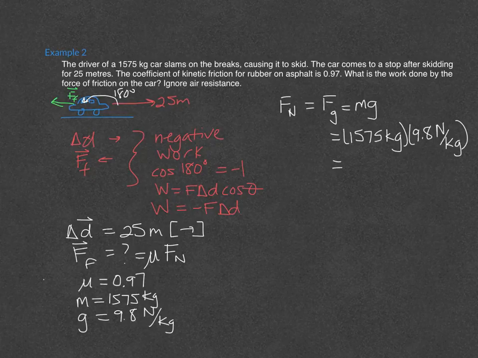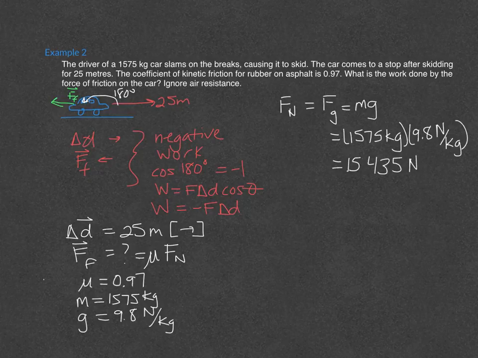If you multiply that 1575 by 9.8, you should get 15,435 newtons as the force. That's a little bit too many digits, but we'll keep them and use them in our next calculation and just round at the very end so we don't round a whole bunch of times.